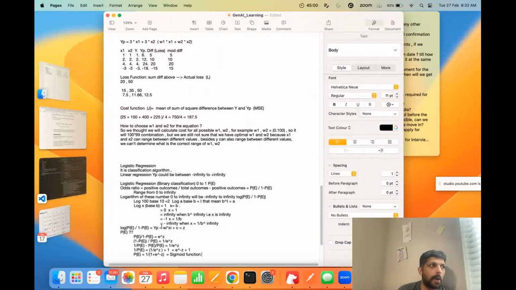For given x features, let's say y predicted is 2200, and we keep this 2200 here, like 1 by 1 plus e power minus 2200.